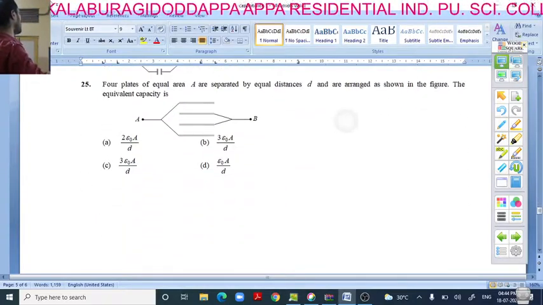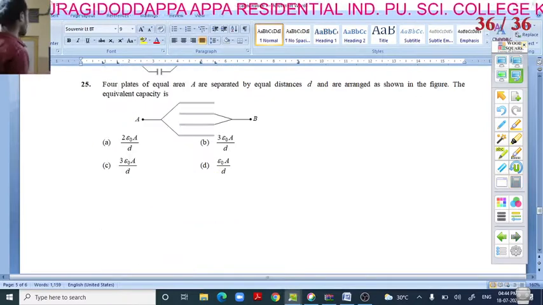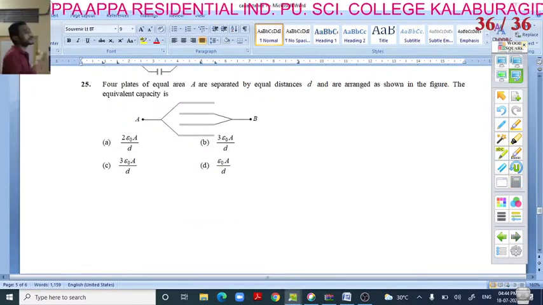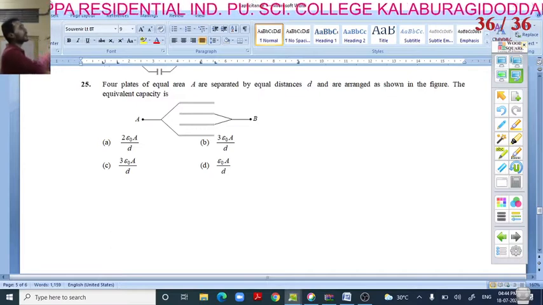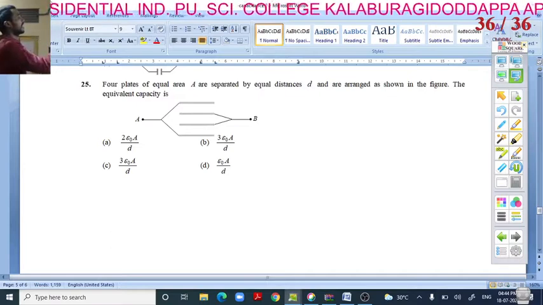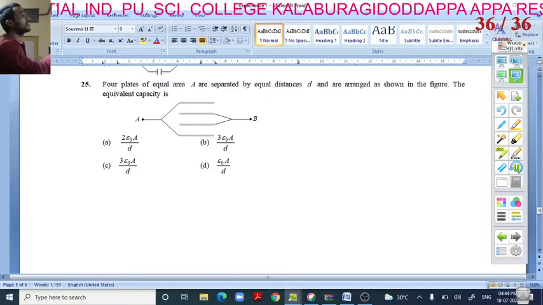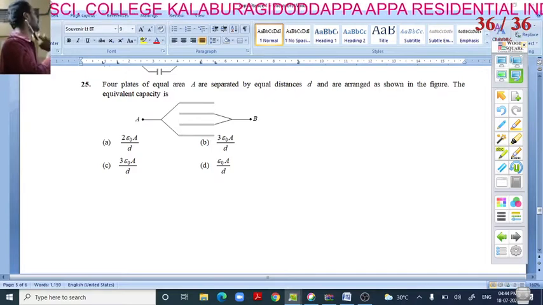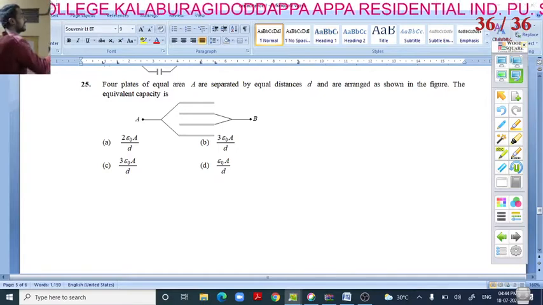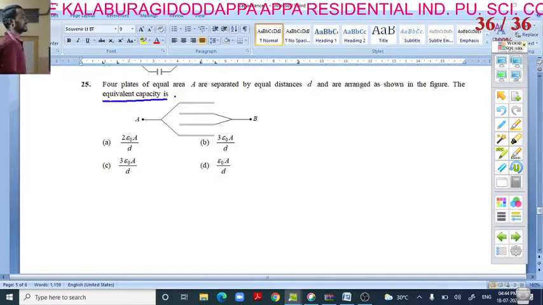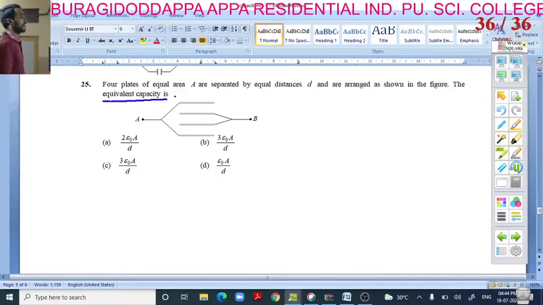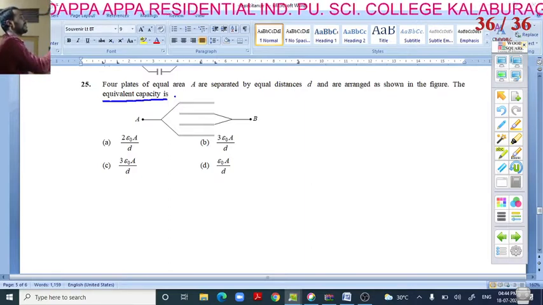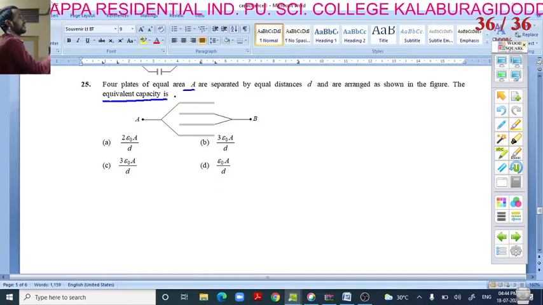Okay, 25th, last one, right? See, 4 plates of equal area A are separated by equal distance D and are arranged as shown in the figure. The equivalent capacity is, this is the figure he has given here.